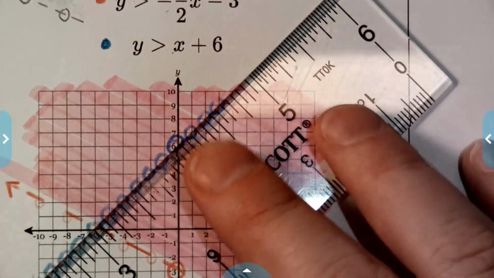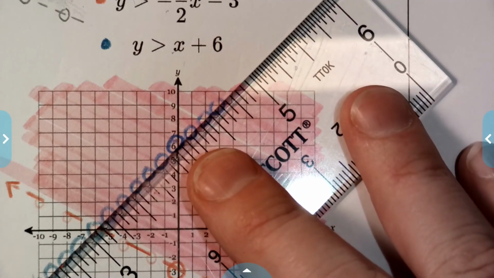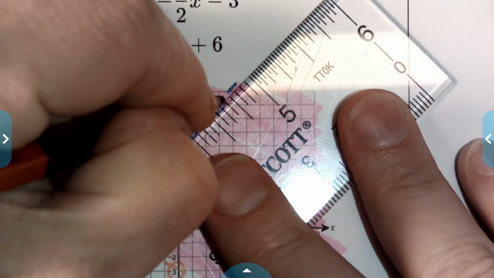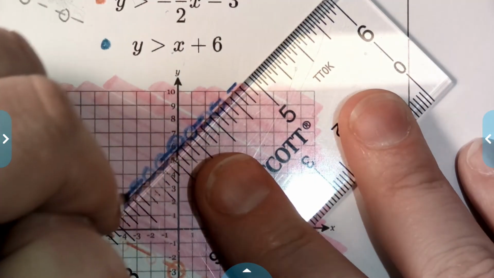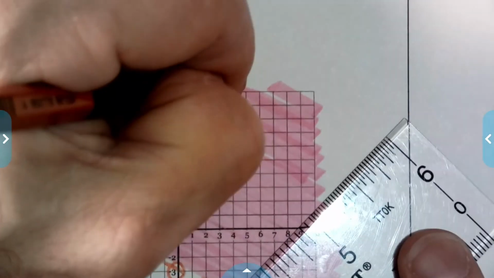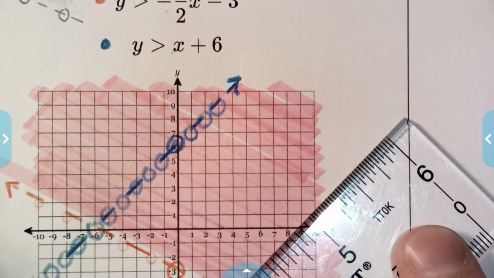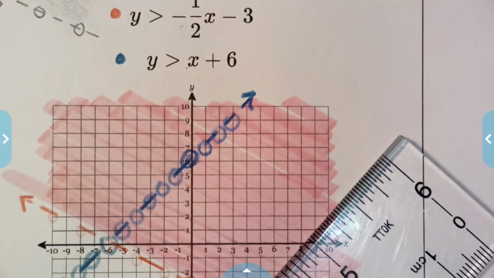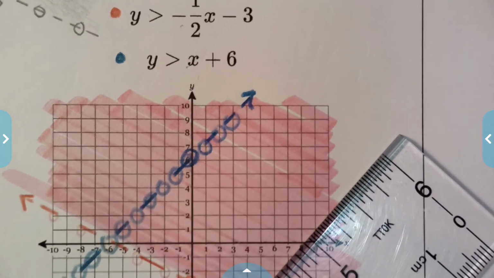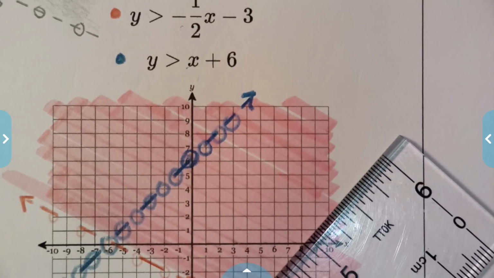And then we can draw in the dashed line. Okay, so arrowhead, arrowhead, and now I'm shading above that line. Okay, so what we're looking for is the region of double shading.